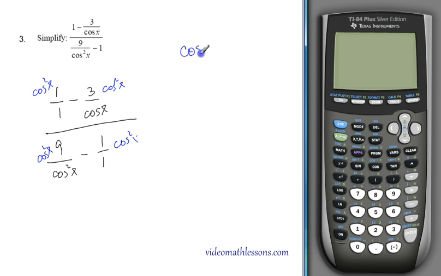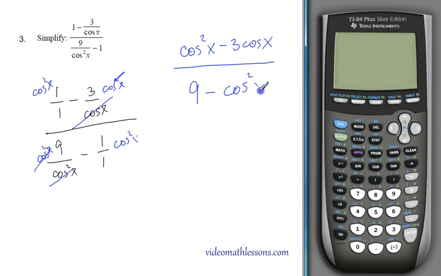So it's cosine squared. Cosine cancels out the square because it's really twice. So I get minus 3 cosine x. Downstairs, cosine squares cancel. Get a 9. And nothing cancels. Minus cosine squared x.